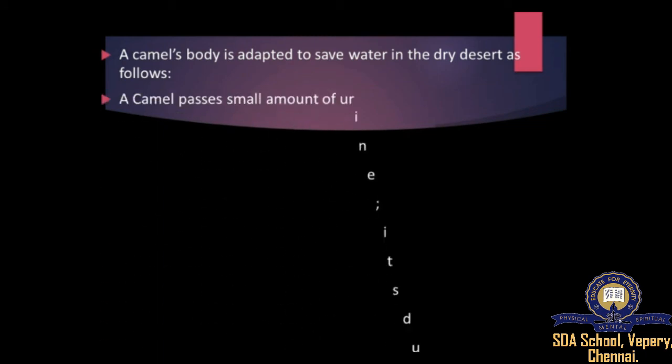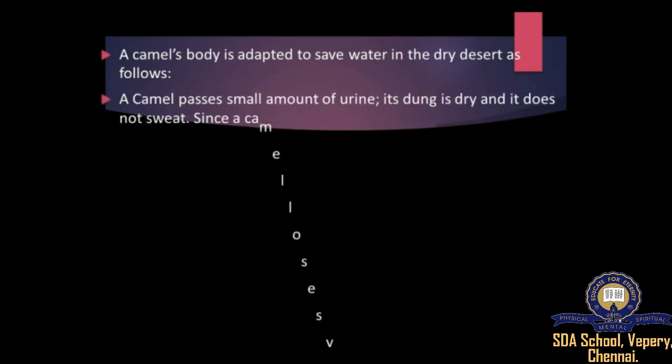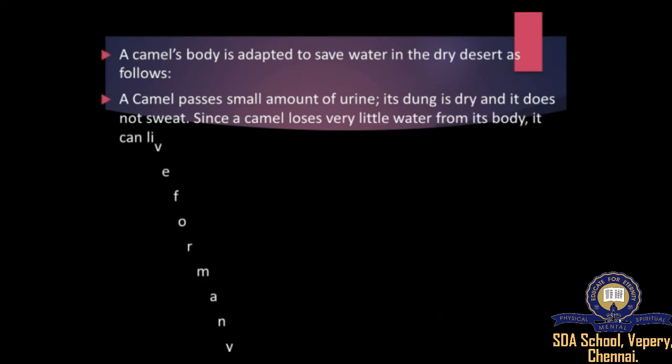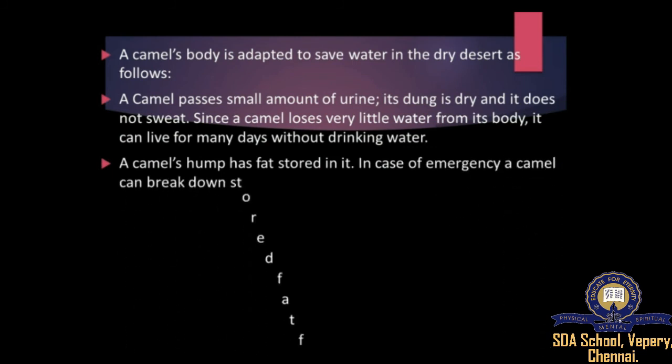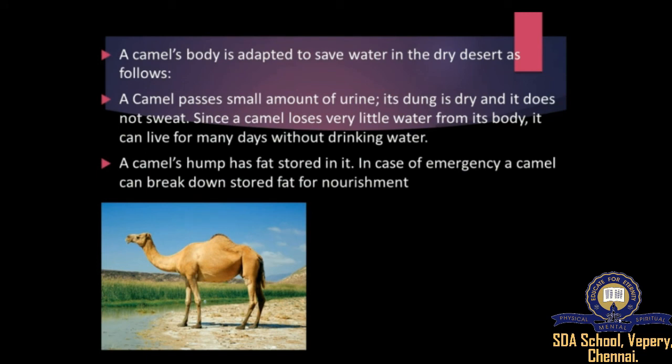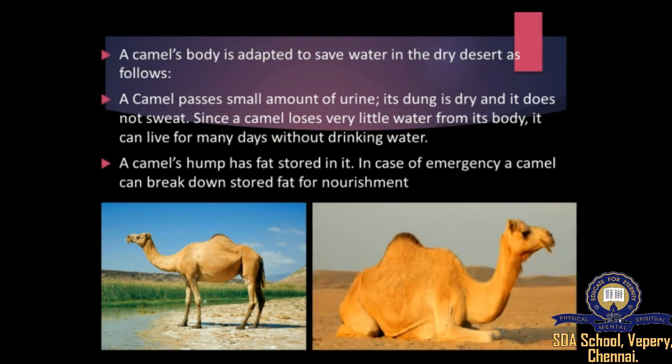The camel passes a small amount of urine, its dung is also dry, and it does not sweat much. Since a camel loses very little water from its body, it can live for many days without drinking water. Okay, and the camel's hump has fat stored in it, and in case of emergency a camel can break down the stored fat for nourishment.